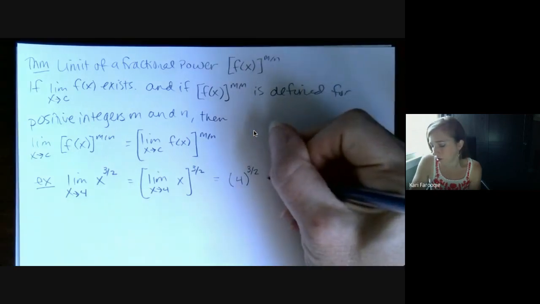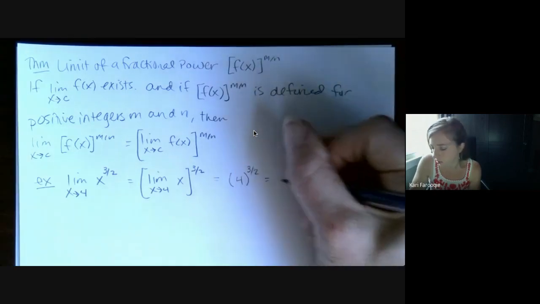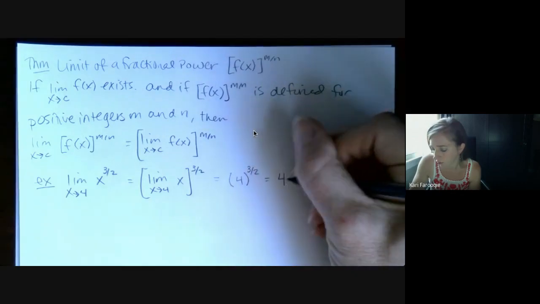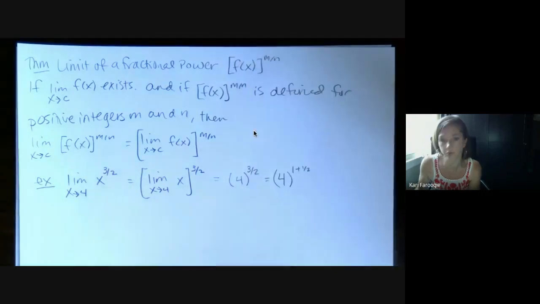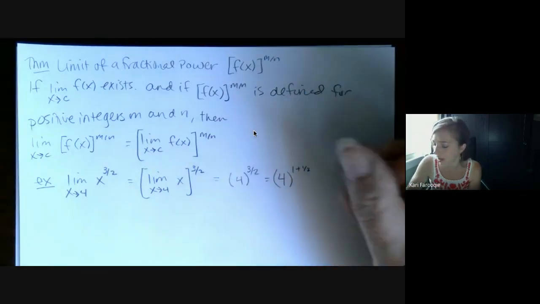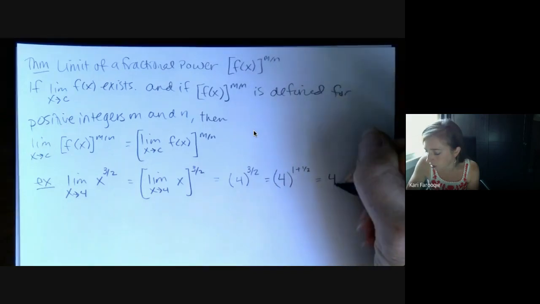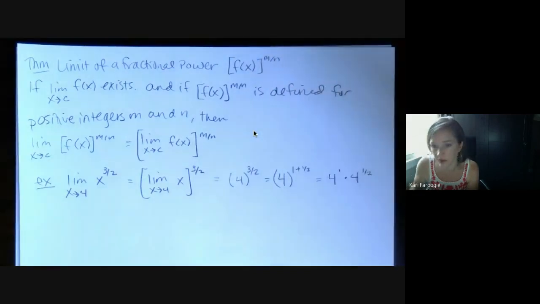If you're not used to doing this, you could always do it in your calculator, but remember that 4 to the 3/2 is really 4 to the 1 plus 1/2. And we're going to be using the 3/2 power a lot, and I would hate for you to feel like you always have to use your calculator. As long as I'm adding the exponents, I can actually split this up into 4 to the 1st times 4 to the 1/2.